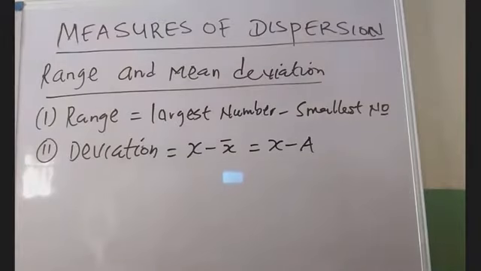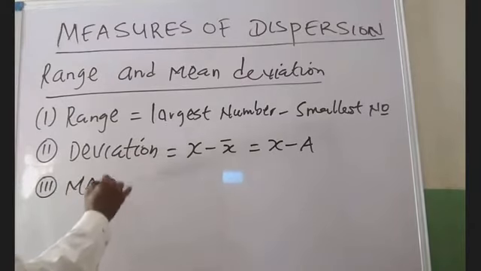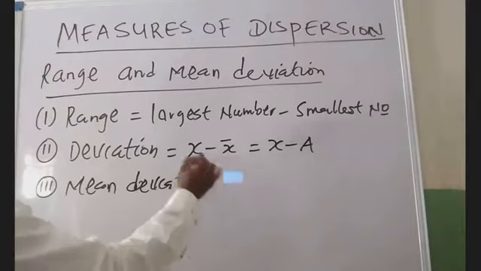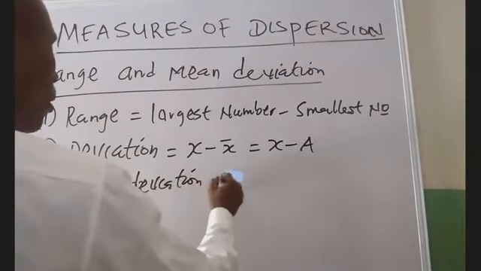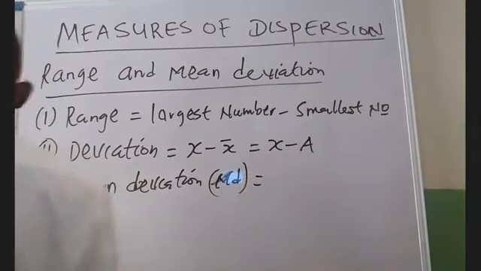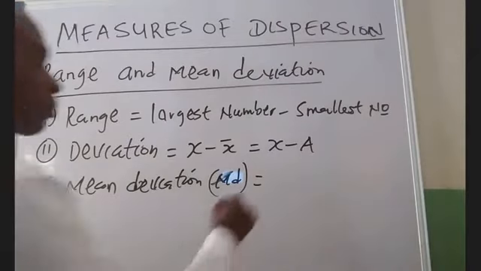Then we have mean deviation. Mean deviation, MD, is given as the sum of deviation over n.